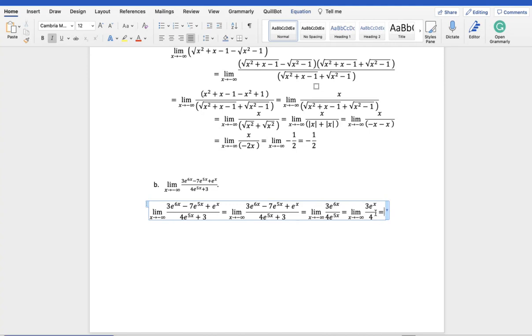Then you will now have 3 times e to the x over 4, and x is tending to negative infinity. If you plug in the value of x there, you can clearly see that this is going to be e to the negative infinity, so you'll have 3 times e to the negative infinity, divided by 4.